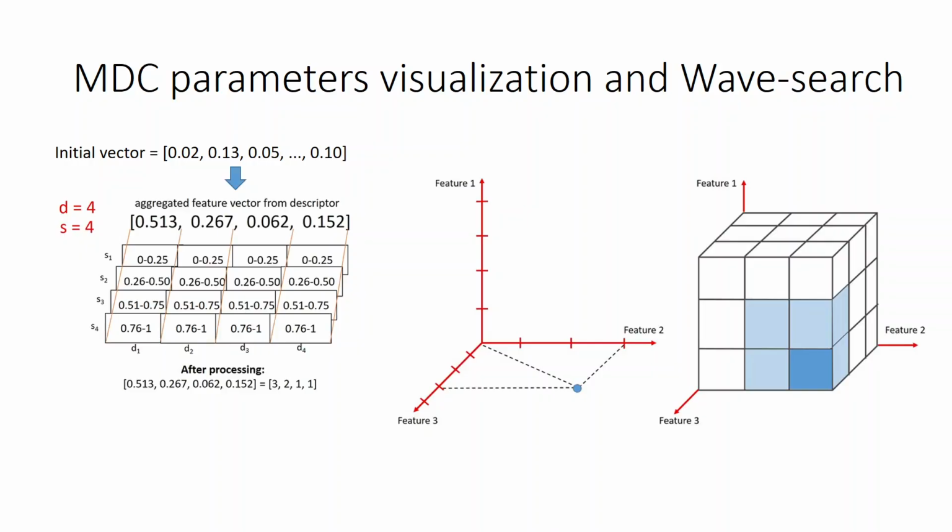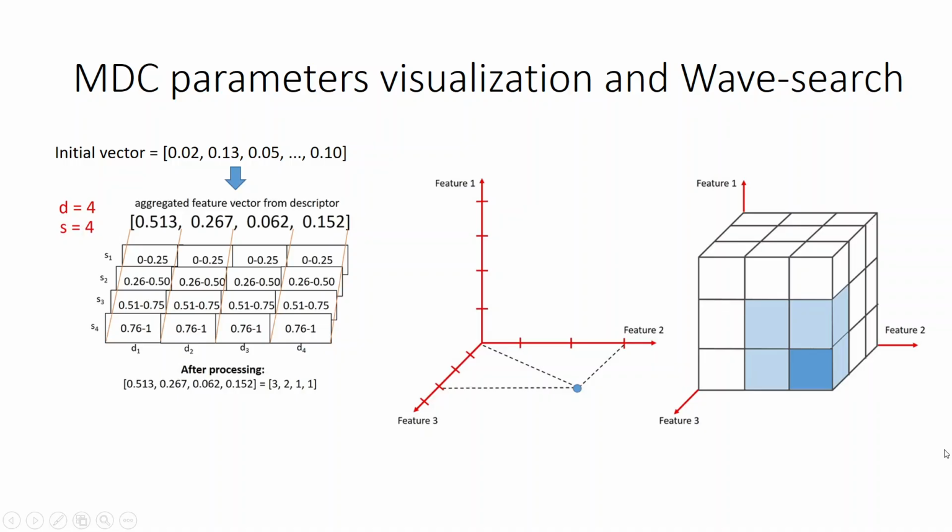Then each value falls into a specific segment, and the initial aggregated vector is replaced by a vector of indices which describes the location of this vector in a bounded multidimensional feature space, as you can see in figure 2. And also here you can see in figure 3 the example of the wave search.